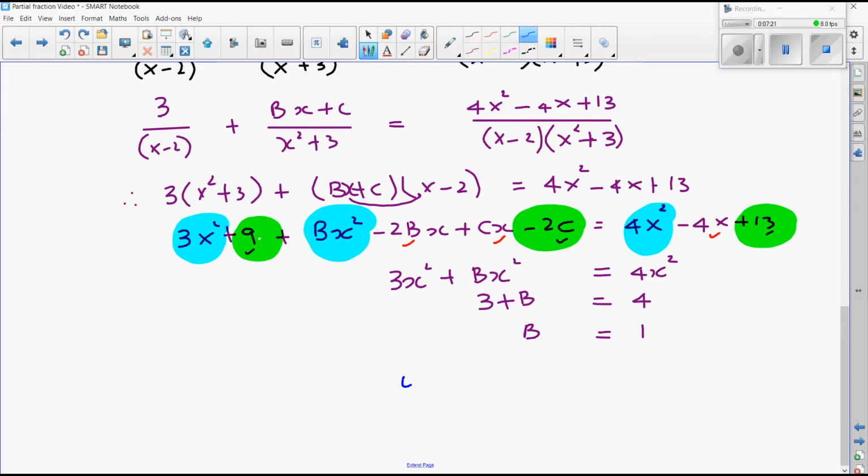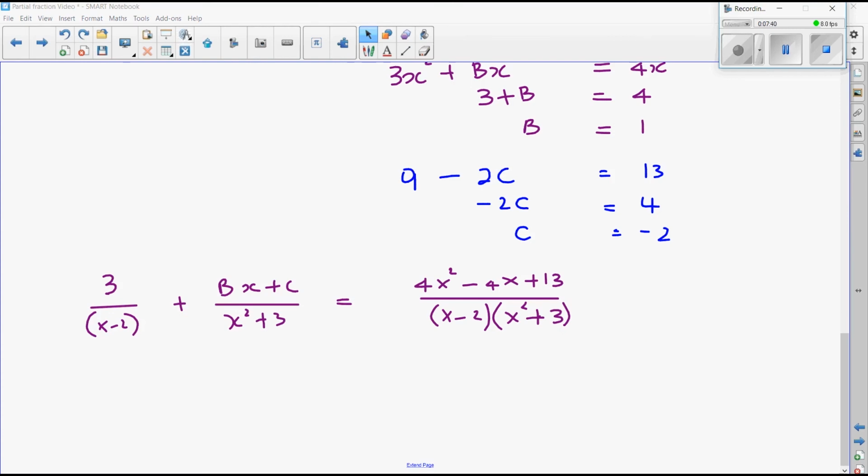Right, so we have 9 minus 2c equals 13. And if we solve, we have minus 2c equals 13 subtract 9, which is 4. So c equals negative 2. So all I need to do now is substitute the values of b and c because I've already found a.